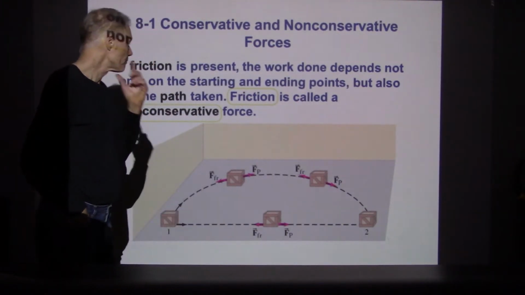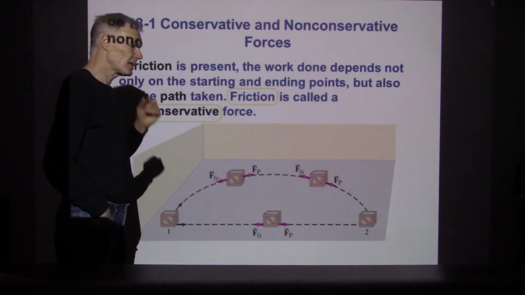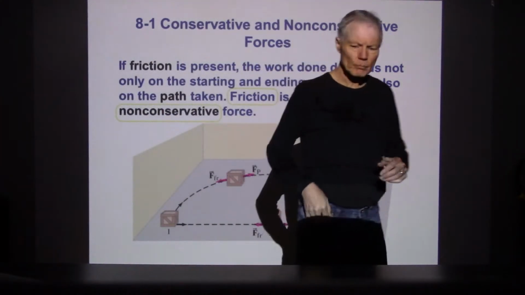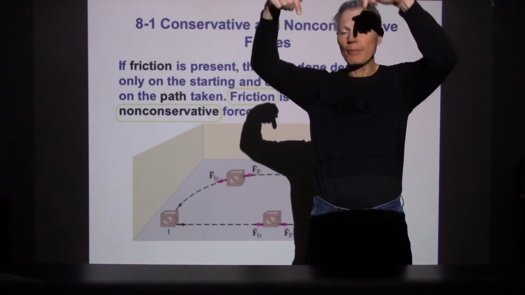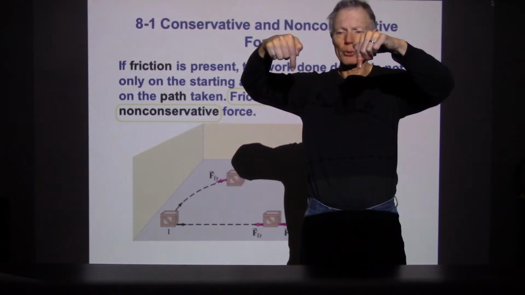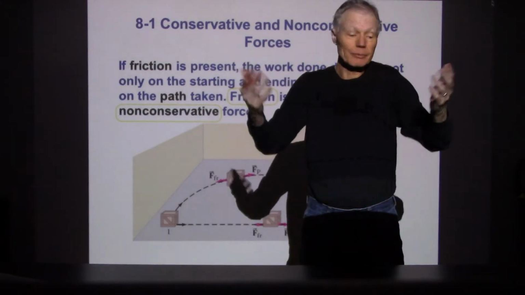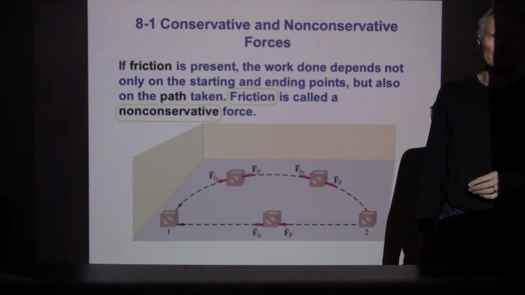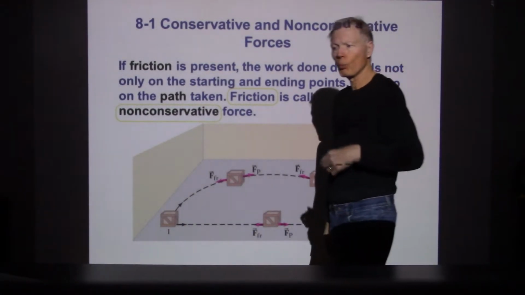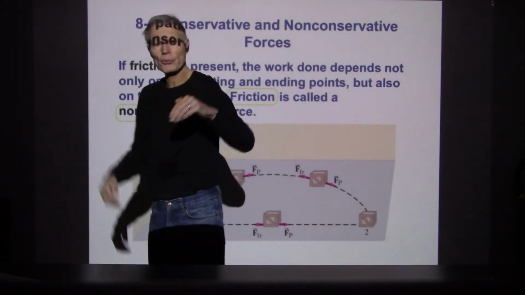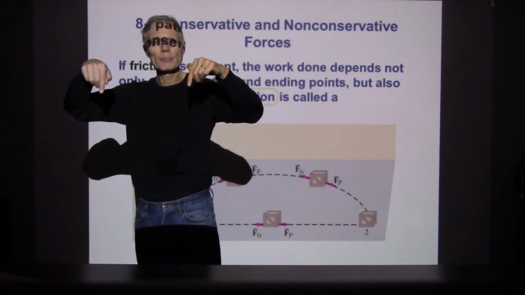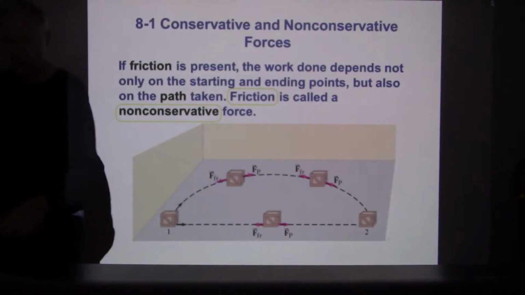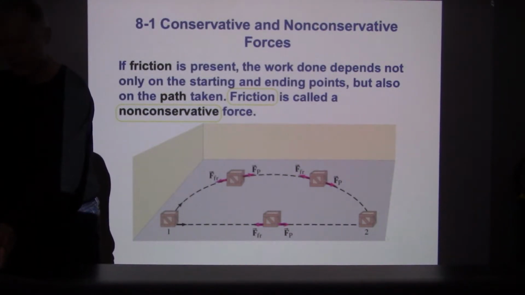What happens with gravity is, on the way up, the force is downwards. On the way back down, the gravitational force is still downwards. So the force doesn't depend on what direction the path is. The force is set up in terms of different locations within space.